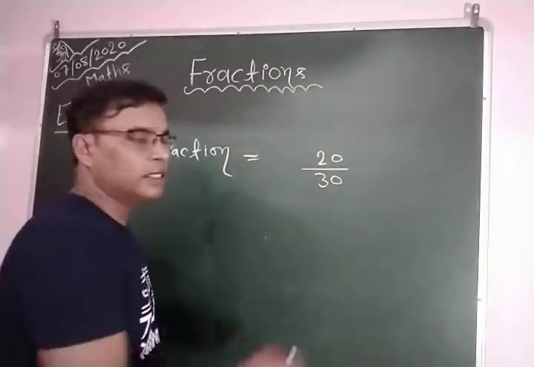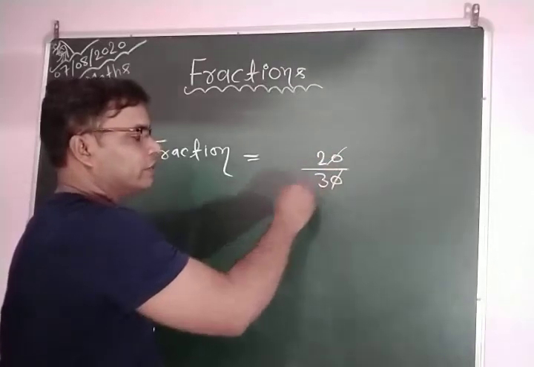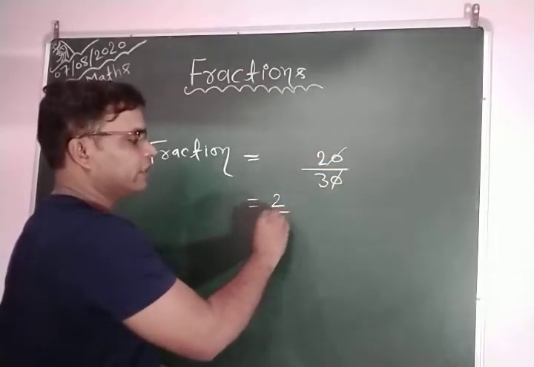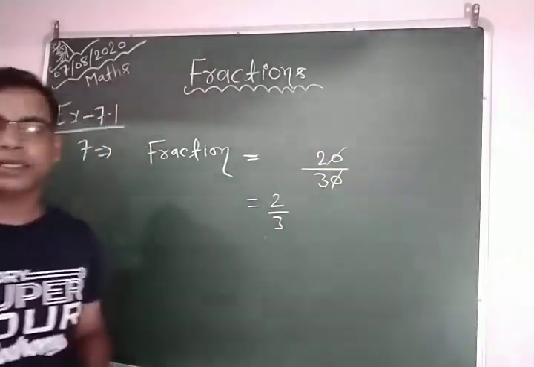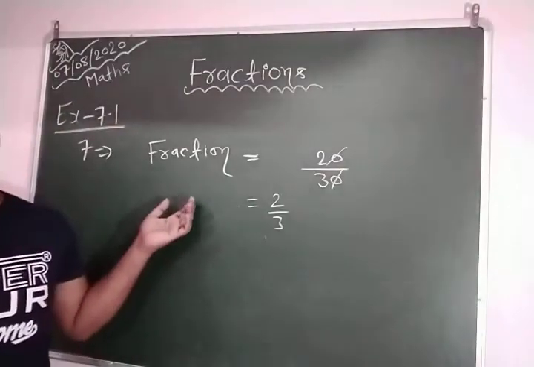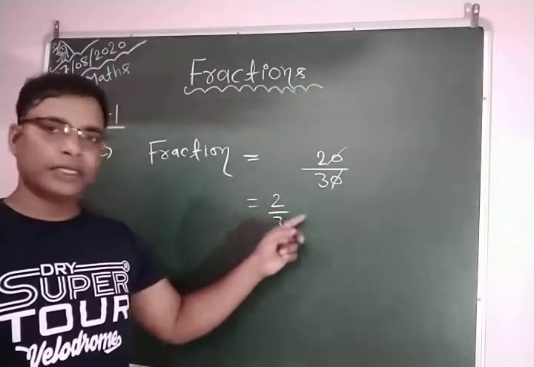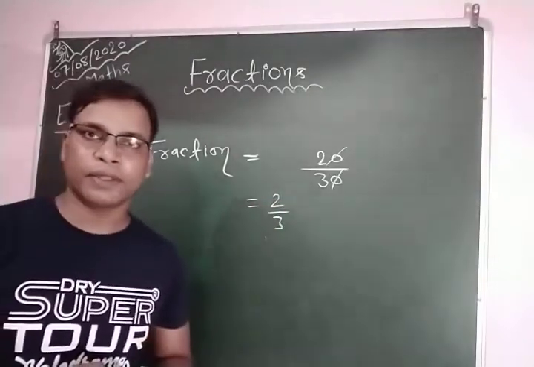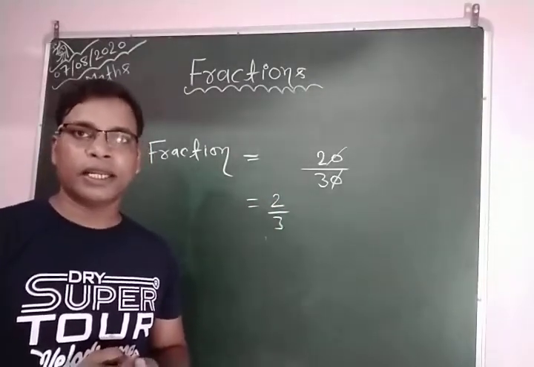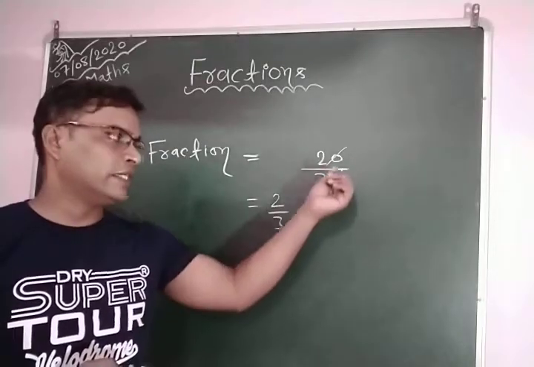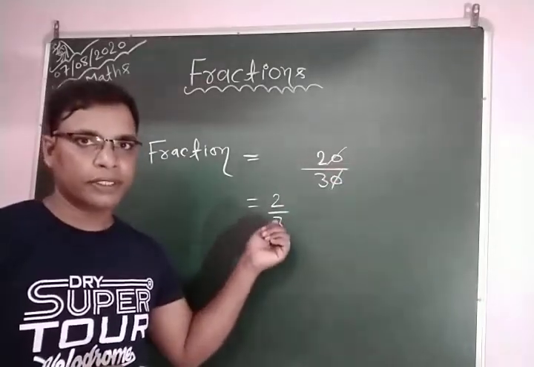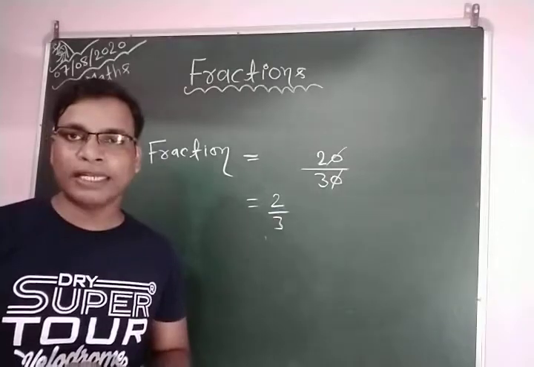If you simplify it, cancelling the zeros, you obtain 2 by 3. So the required fraction of finished dresses is 2 by 3. Here, given 30 dresses and she finished 20 dresses, the fraction is 2 by 3.